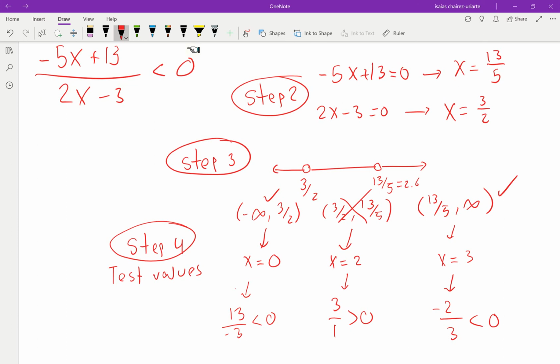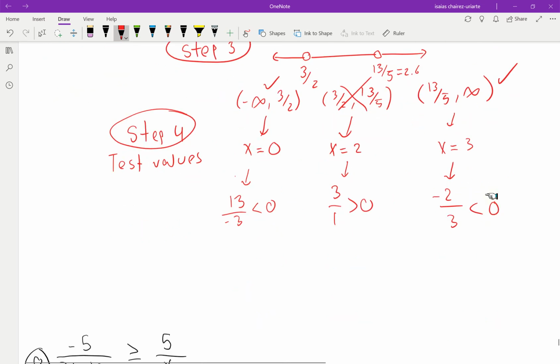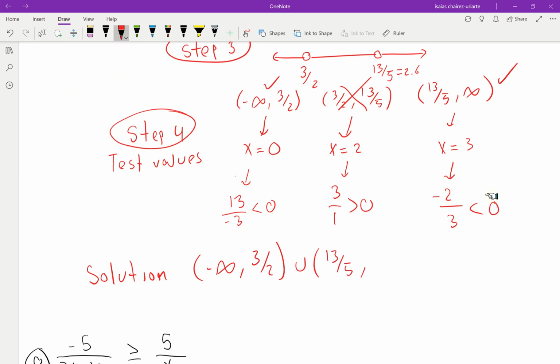So then it looks like my solution set is the union of this interval, negative infinity to 3/2, and 13/5 to positive infinity. So our solution is negative infinity to 3/2 with a parenthesis, union 13 over 5 to positive infinity. Okay, so hopefully we agree on that.